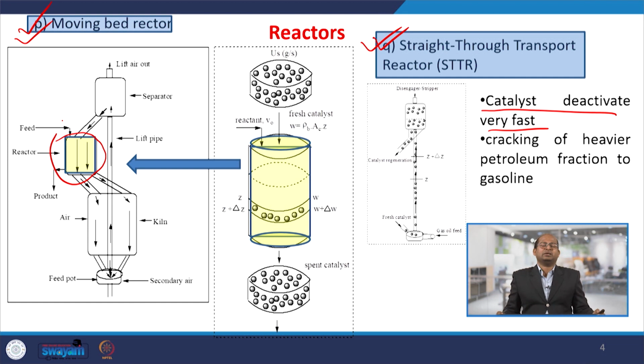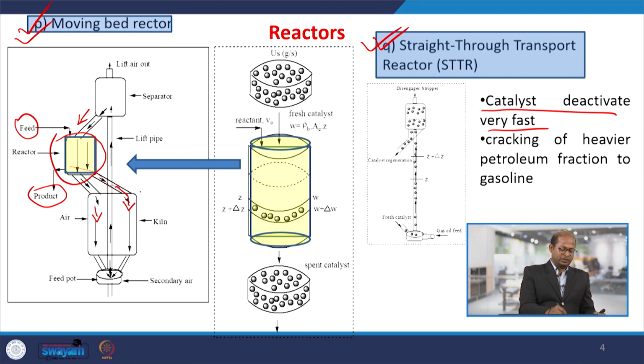Here the reactions take place, and the catalyst is placed in the reactor. The reactant enters here, and from this path the catalyst is charged with the feed into the reactor. The reaction takes place inside the reactor, and then the product comes out from those lines, and the spent catalyst, after the reactions, comes down and is taken out from the reactor to this kiln.